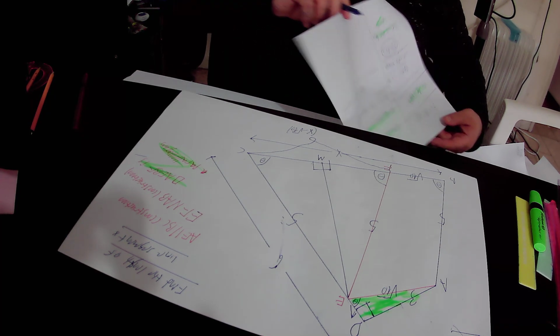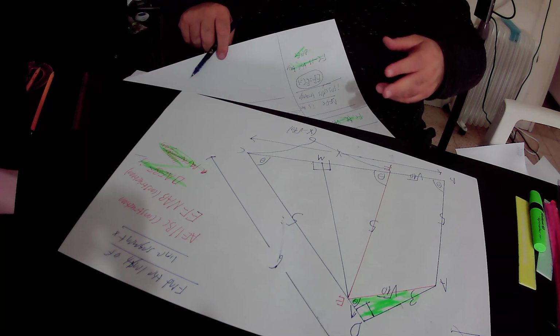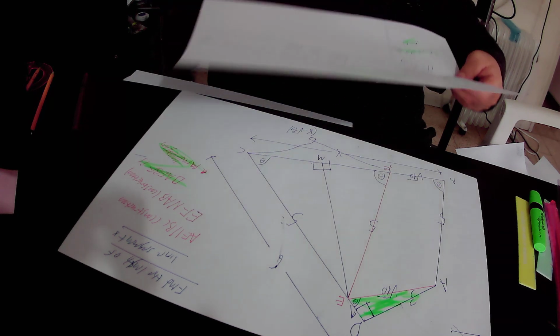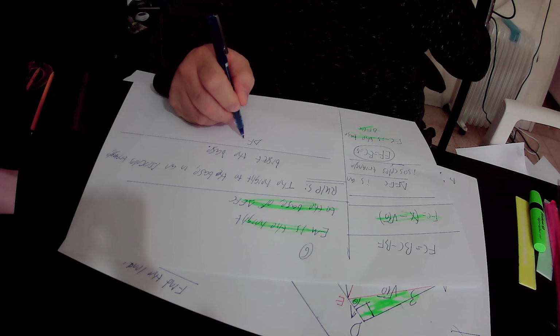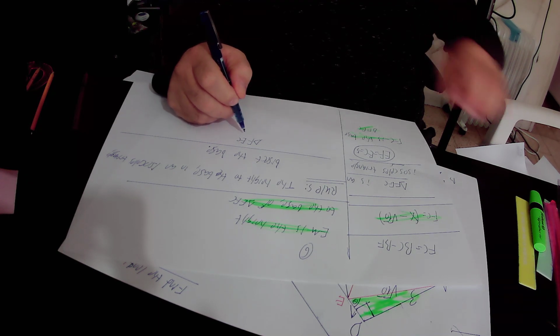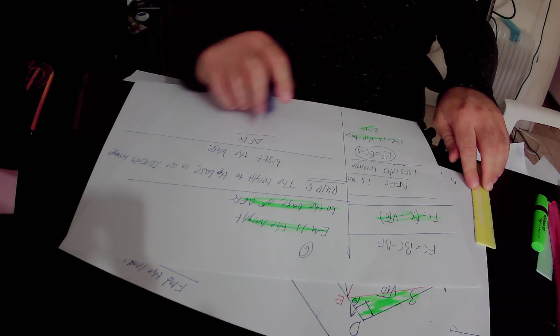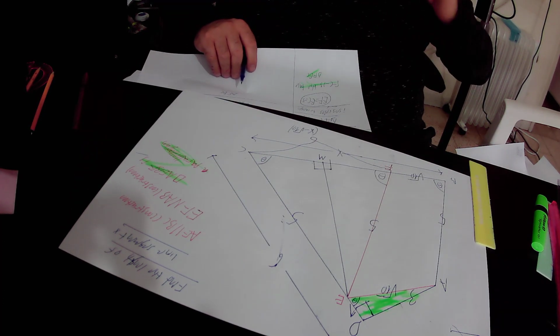That is to say, it divides the base FC into 2 equal parts, or in other words, in the isosceles triangle FEC, the height EM to the base FC bisects it into equal parts.